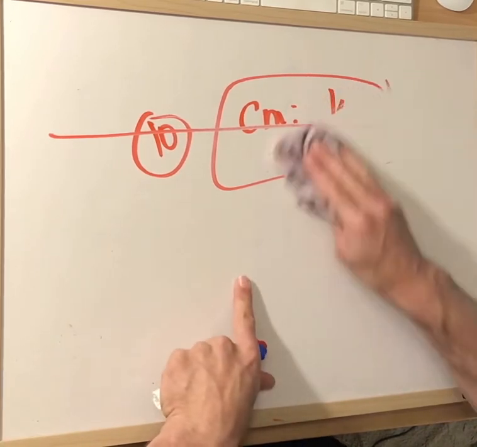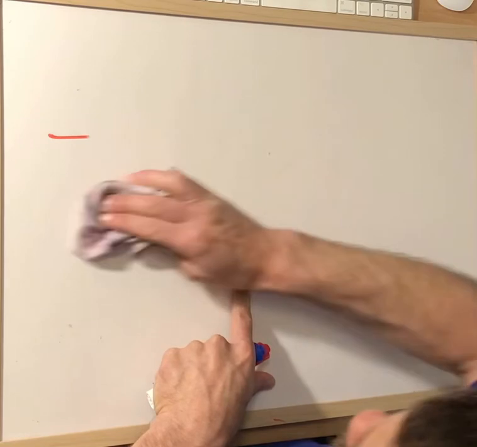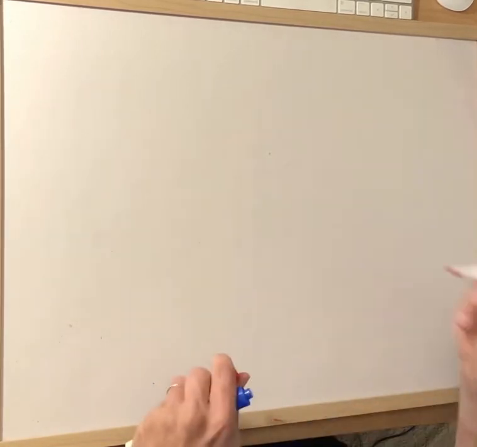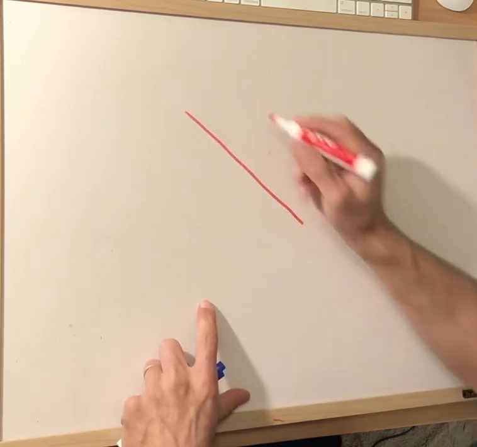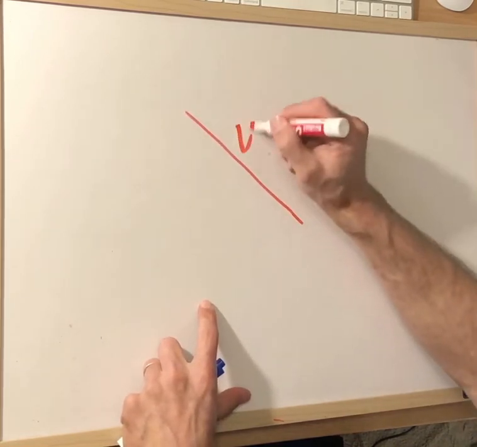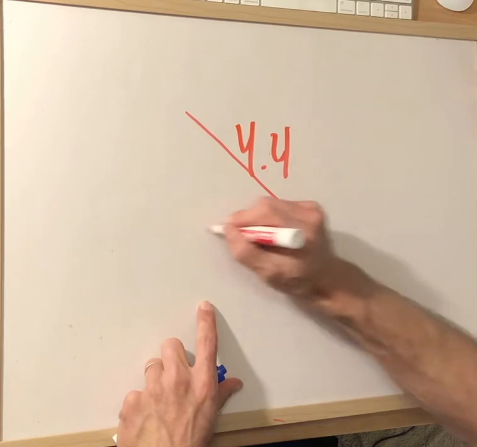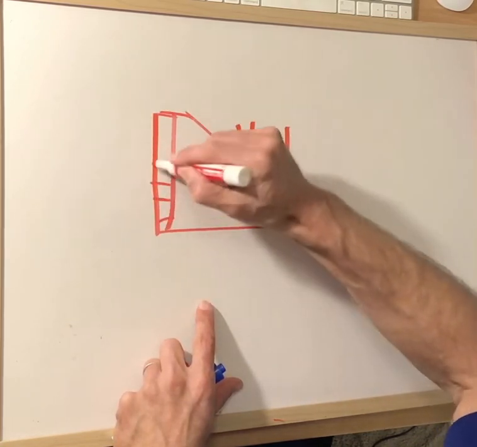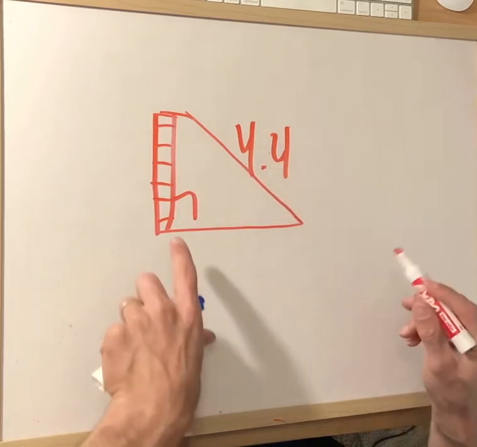Number 11 is a word problem, so it's going to require you drawing it out. It says a slide. Here's your slide. It's diagonal. It's 4.4 meters long. Here's the ground, and here's your ladder to get up to the slide. You're probably going to have to find one of these two.